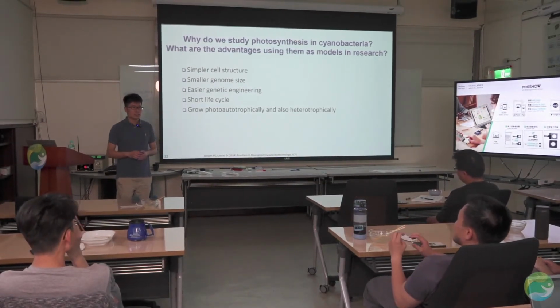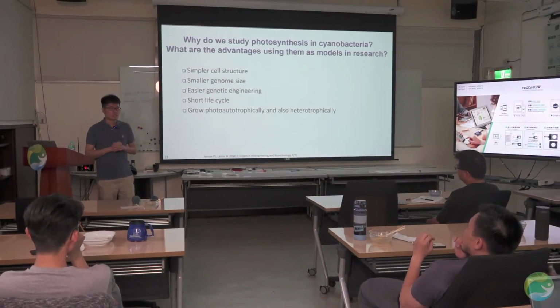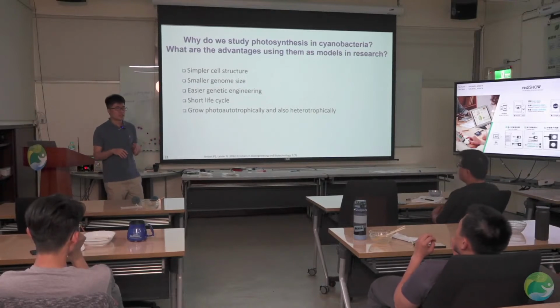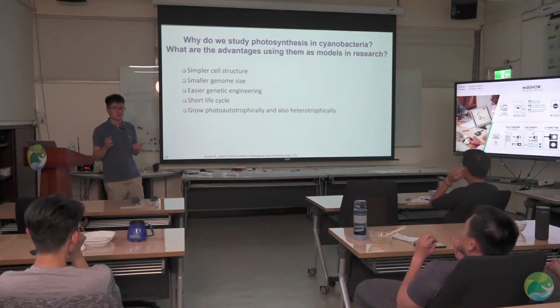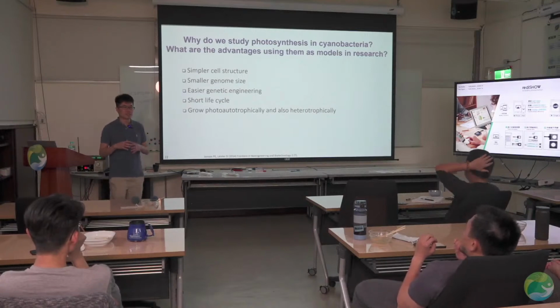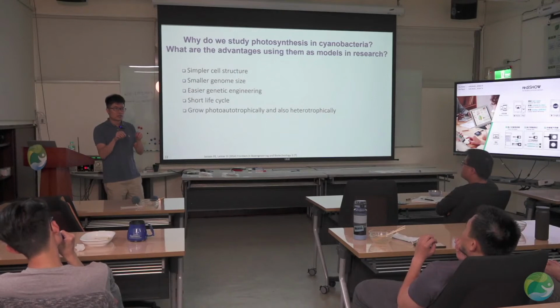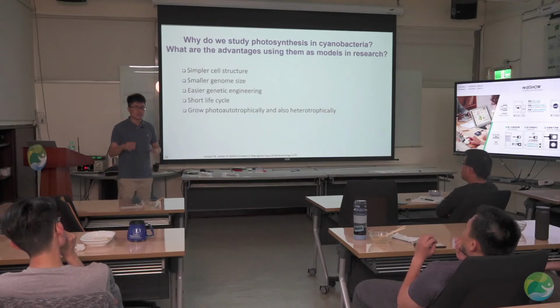Yeah. So there are many subunits in photosystem 1 and 2. Like in photosystem 1, there are 12 subunits, and photosystem 2 has 20 subunits. So it's a very, very large protein complex. So sometimes when you knock out 1 or 2 of the subunits in the complex, the complex falls apart.